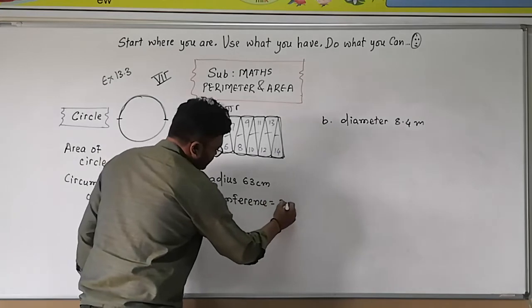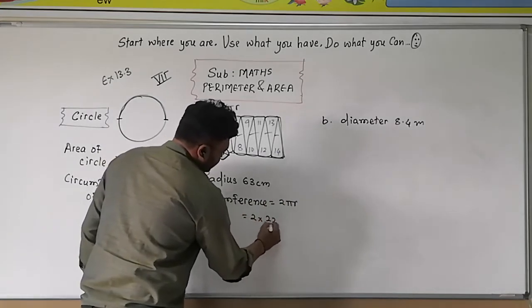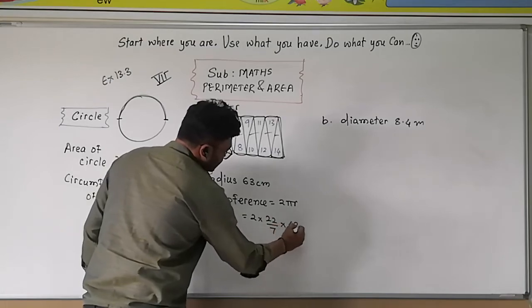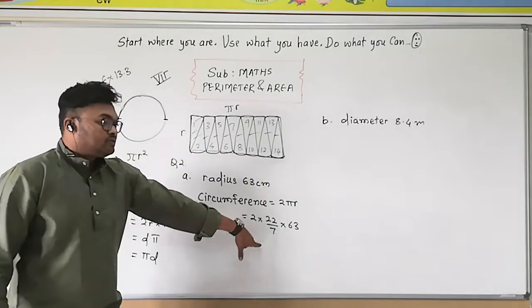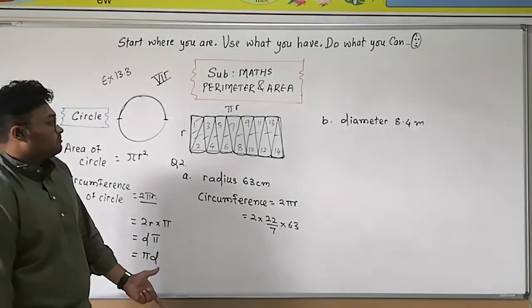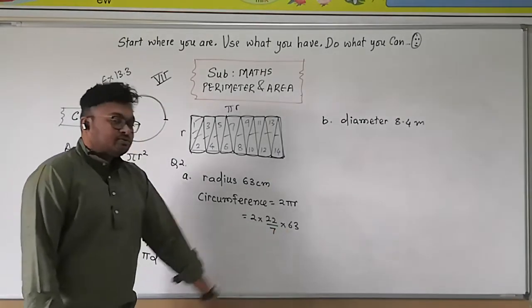So circumference is equal to 2 pi r, so 2 into 22 by 7, and the radius is already given as 63. Again, you must be asking why I am taking pi as 22 by 7 and not 3.14. Because this 63 is divisible by 7.